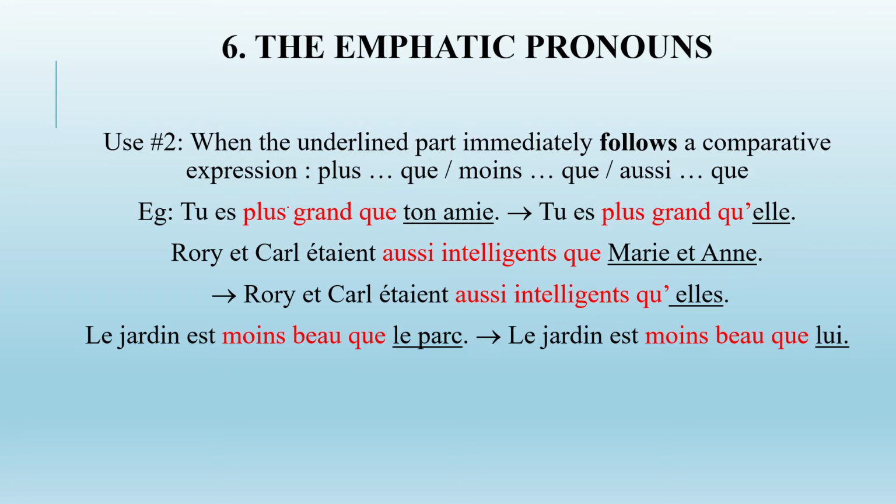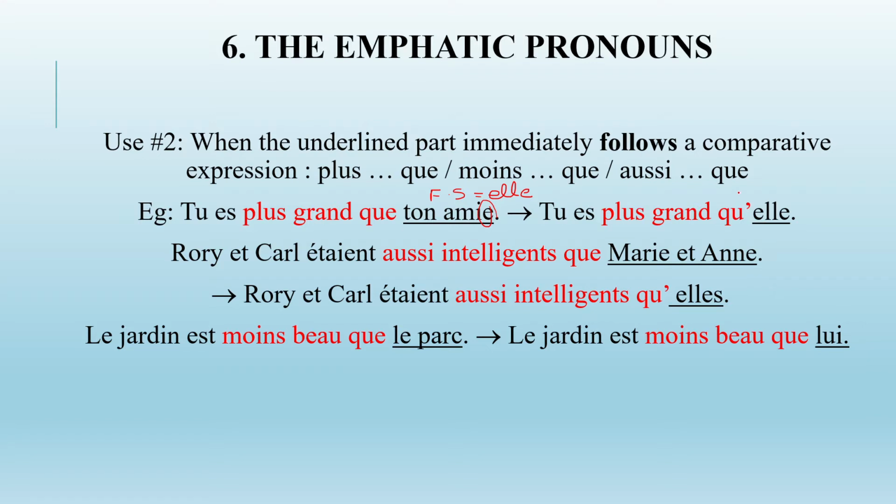So can you see the first sentence? Plus grand que is the comparative expression, taller than. Okay, so the underlined part is replaced with an emphatic. Ton amie is your friend. Now amie here indicates that it is a female friend. Okay, so feminine singular substituted with elle in the exact place of the blank.